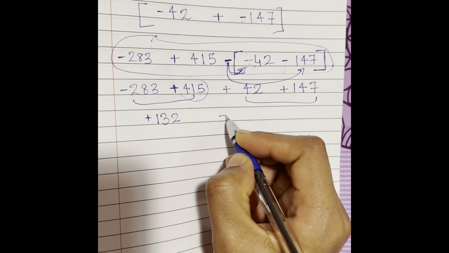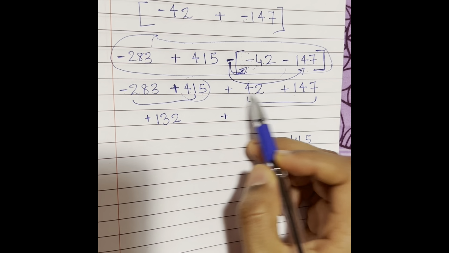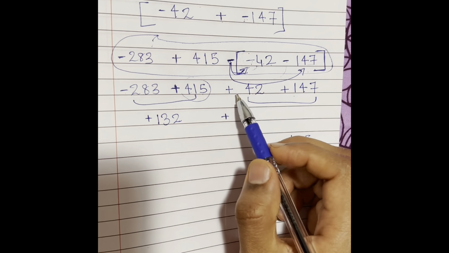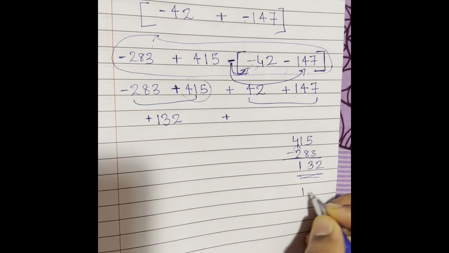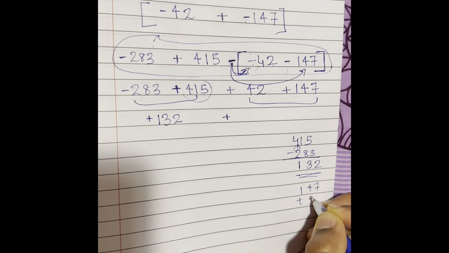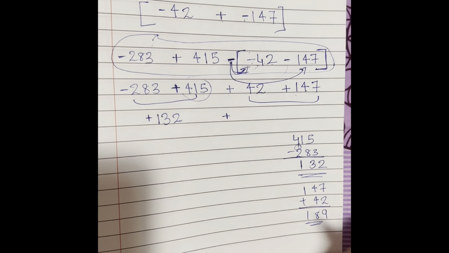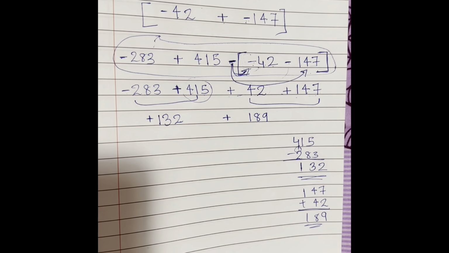We just solved this term and got plus 132. Then this plus we are writing as such. Now we have to solve these terms: plus 42 plus 147. Both are positive integers, so simply add. 147 plus 42, what's the answer? 189. Of course the sign is plus because both are positive integers.